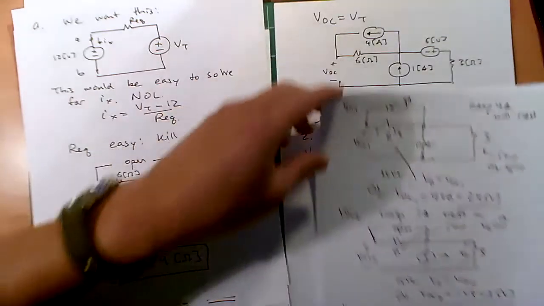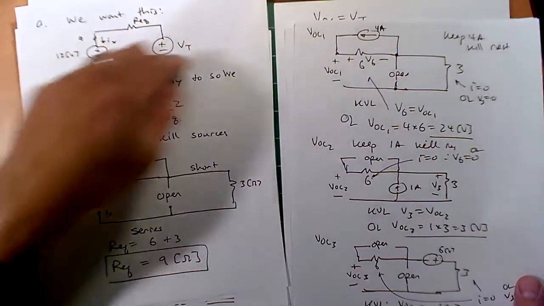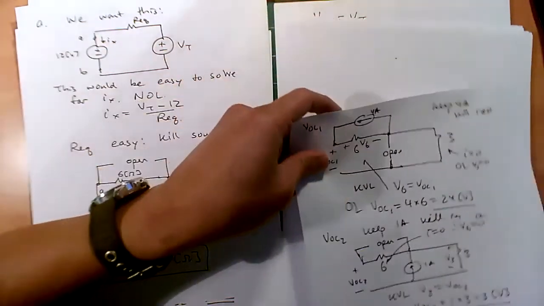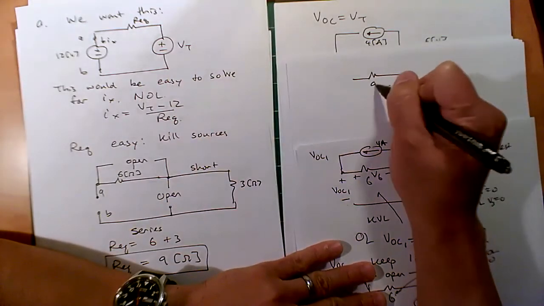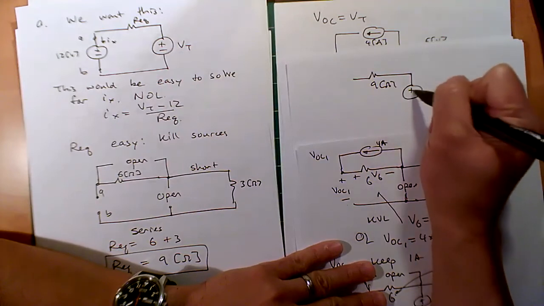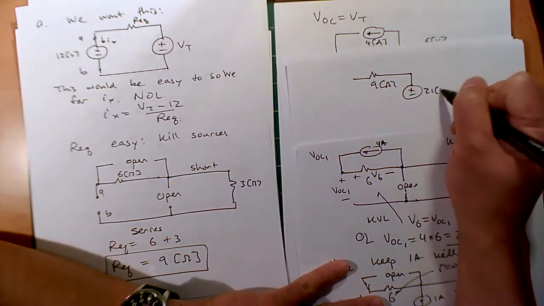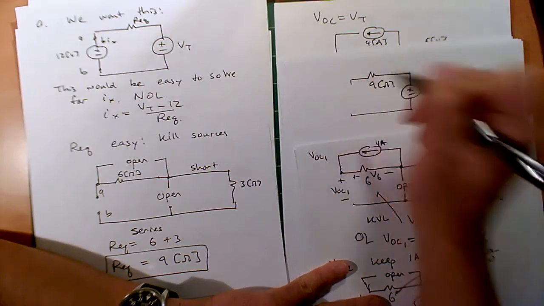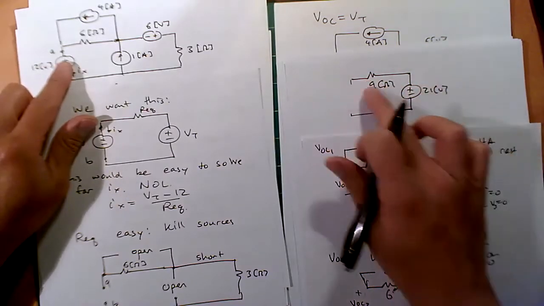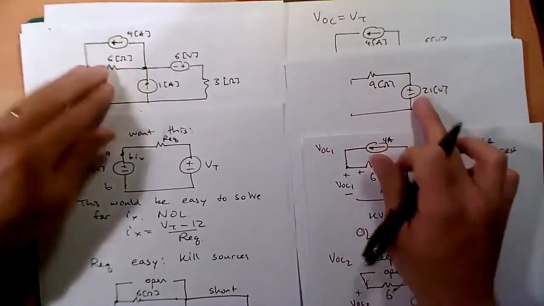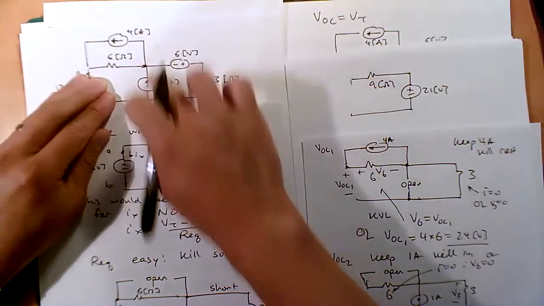Okay, so that means if I go all the way back to this original system here, I'll plug in my new reduced system. So this is a 9 ohm, 21 volt Thevenin, right? And what does that mean? This 9 ohm, 21 volt Thevenin is equivalent to this mess.